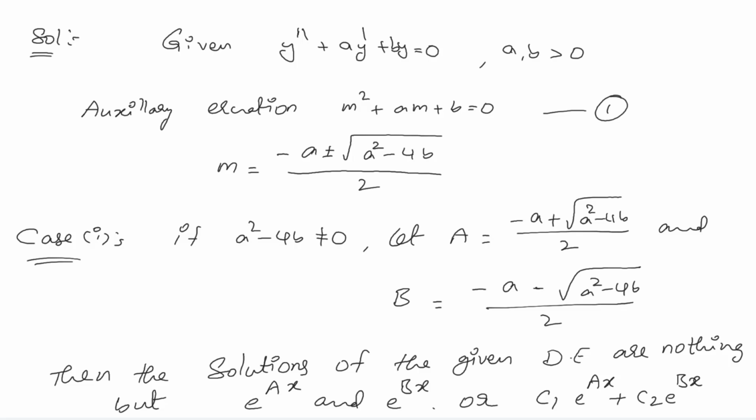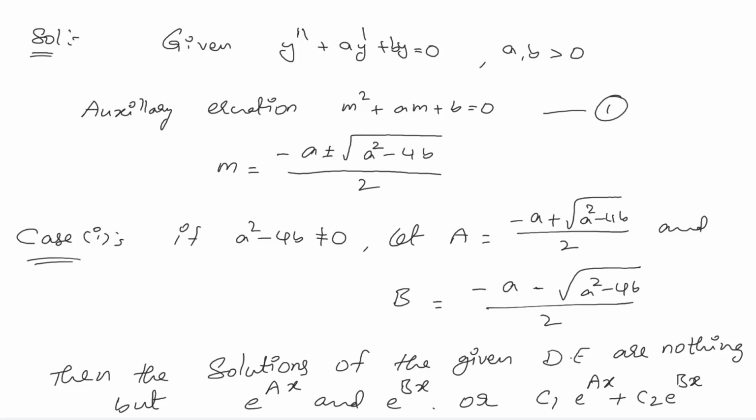Since the given differential equation is homogeneous, whenever we have a solution, its multiples are also solutions, and hence c1 e^(αx) is also a solution. And whenever we have linearly independent solutions, the sum of those two linearly independent solutions is again a solution, as the differential equation is homogeneous.